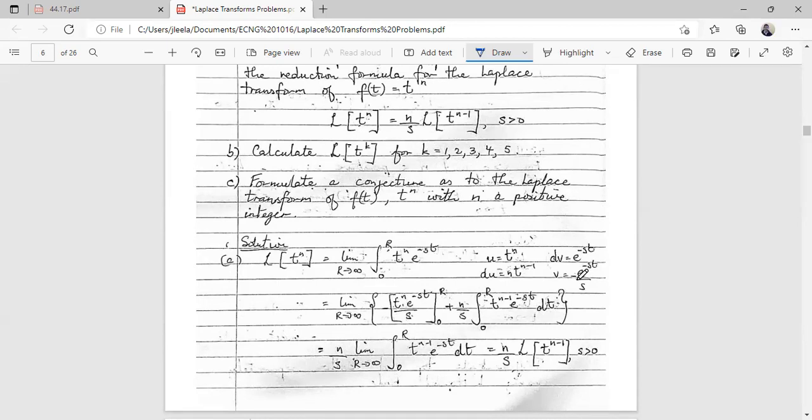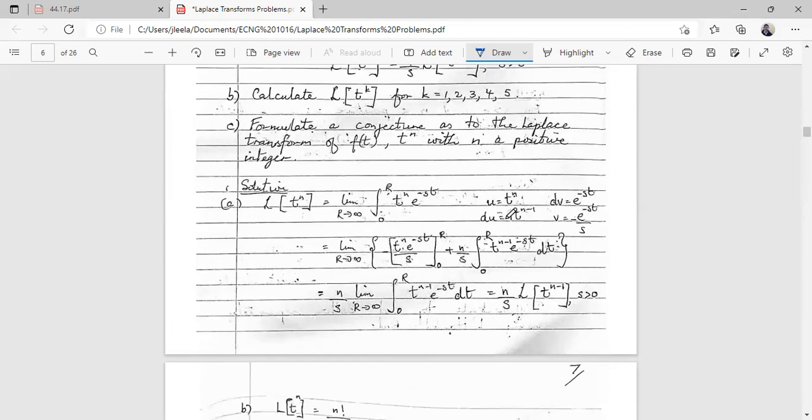We call u = t^n and dv = e^(-st) dt. So du will be n t^(n-1) and v will be minus e^(-st) over s. And our uv will be minus t^n e^(-st) over s, and you have to take the limit of that between r and 0.